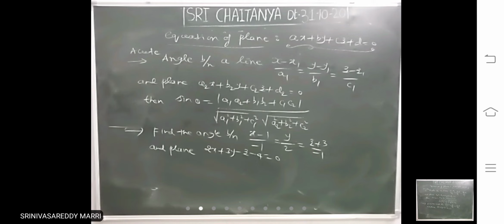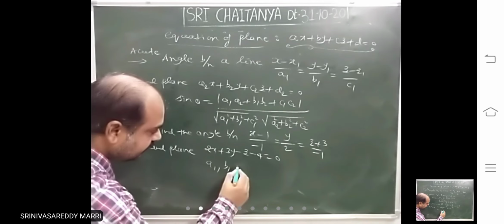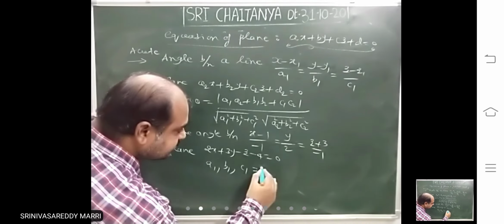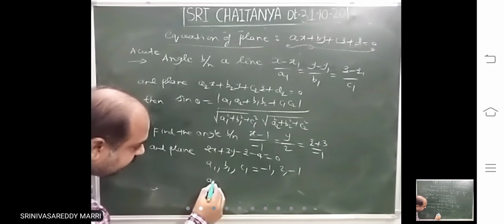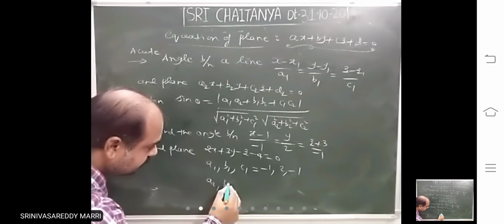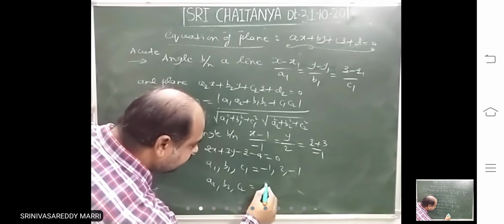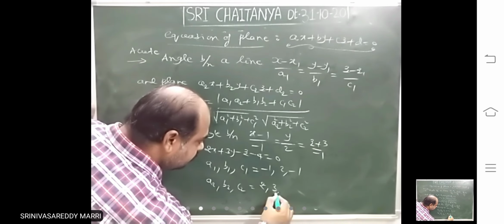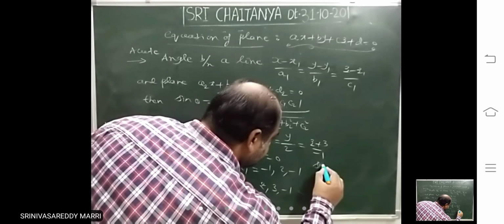Directly you will be given such a problem. Look, A1, B1, C1 you write, meaning the line DRs. Then A2, B2, C2 are 2, 3, minus 1. Now write the sin theta formula.